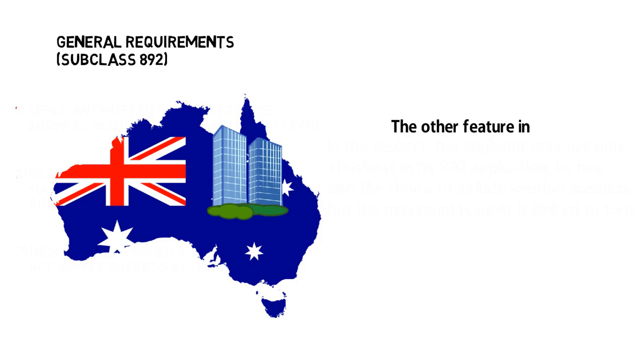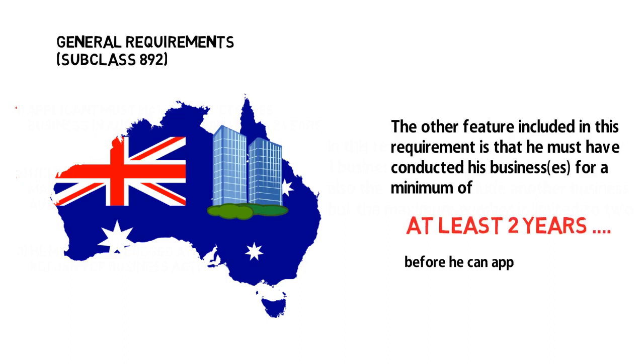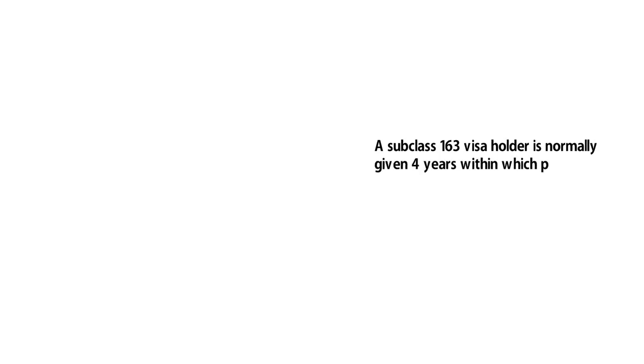The other feature included in this requirement is that he must have conducted his businesses for a minimum of at least 2 years before he can apply. A subclass 163 visa holder is normally given 4 years, within which period he must lodge his 892 application.